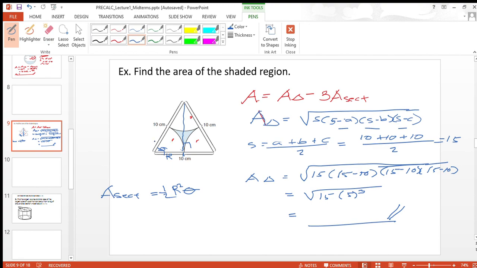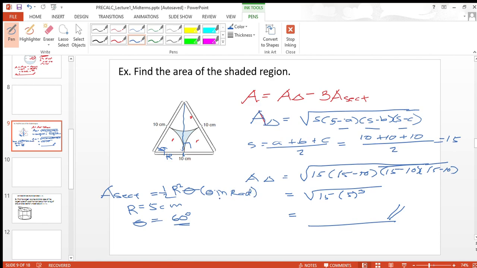Since this is an equilateral triangle, r is 5 centimeters. Theta, in degrees for now so you can see, is 60 degrees. Why 60 degrees? This is an equilateral triangle, which is also equiangular. Since this is in degrees, if you want to use this formula directly, remember theta here must be in radians.